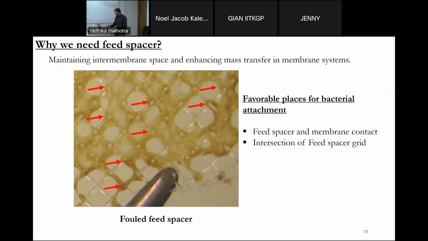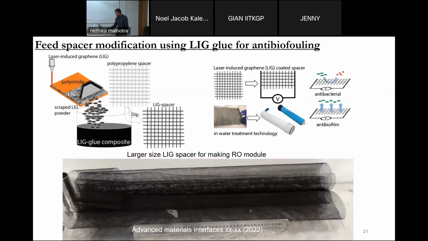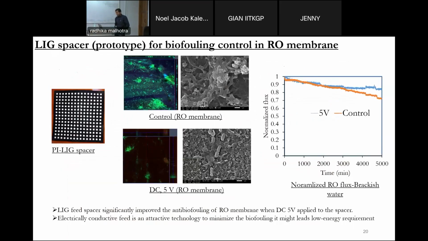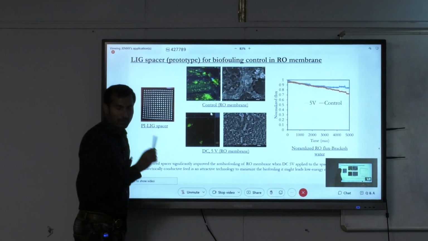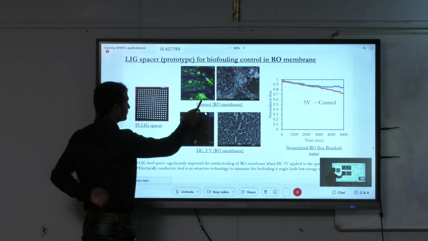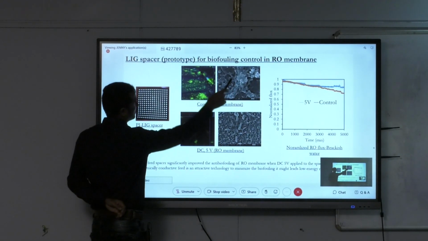First, we started with a prototype spacer. Using the polyimide substrate, we just drew the pattern and made a spacer. This is a prototype, and we studied this spacer along with the commercial RO membranes, and we noticed the thick biofilm.